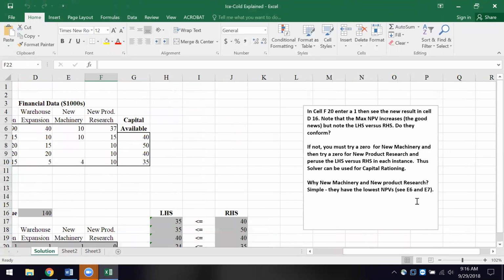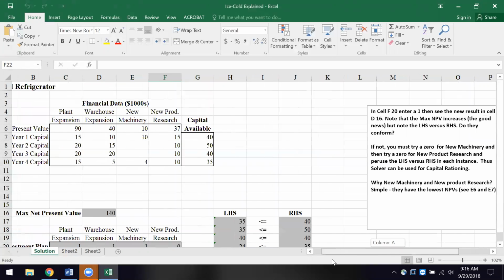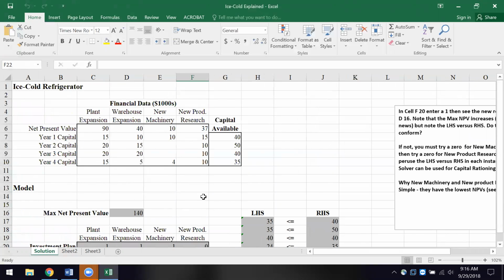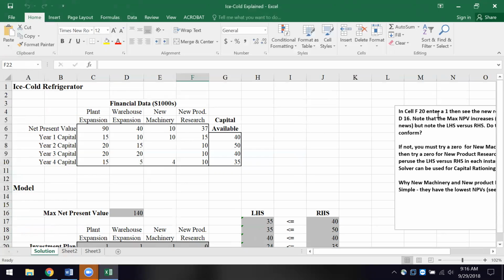For example, right here, in the very first part of this text box, I ask you in cell F20 to enter 1. So we're going to find F20. And there it is. And let's see what happens. Now, in fact, I think I'll scale this back down just a hair so you can see everything together.